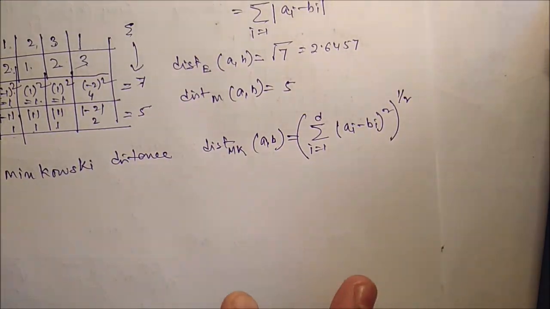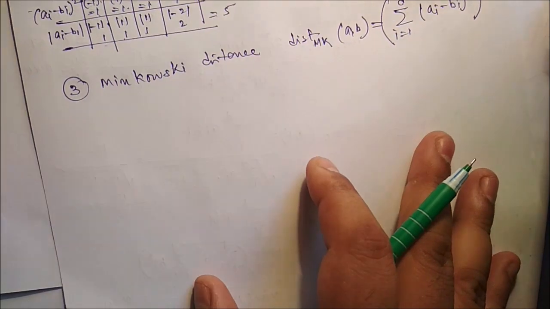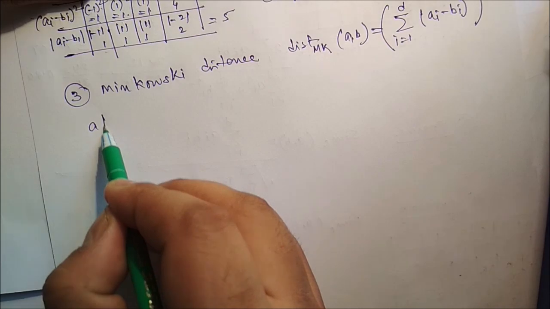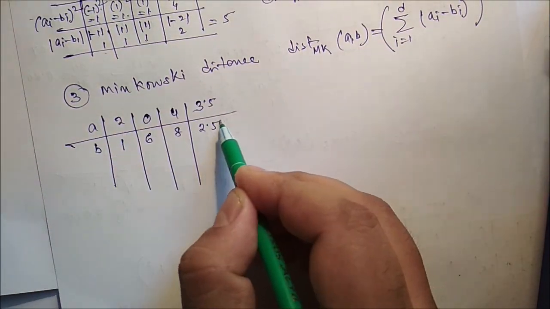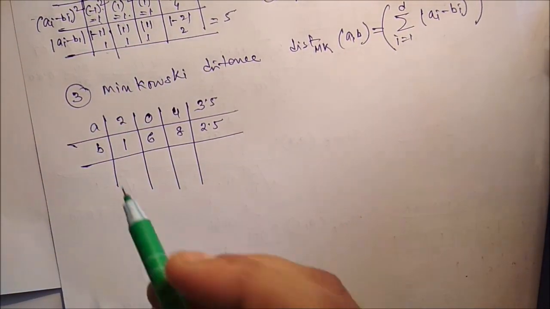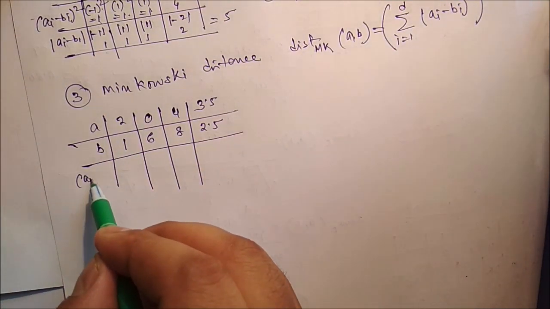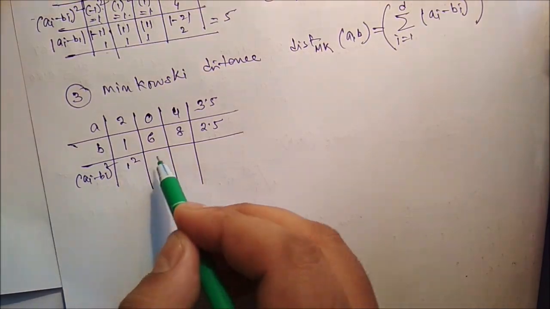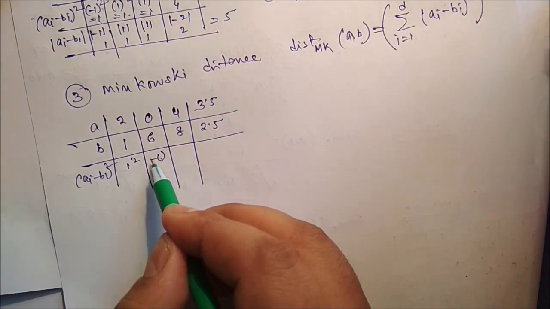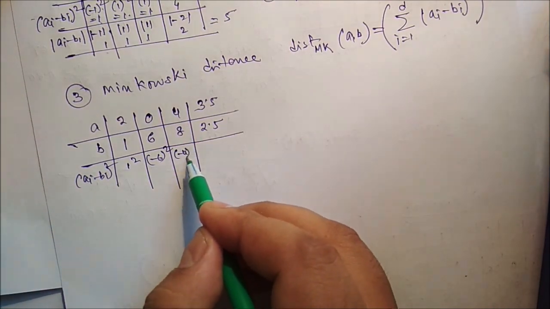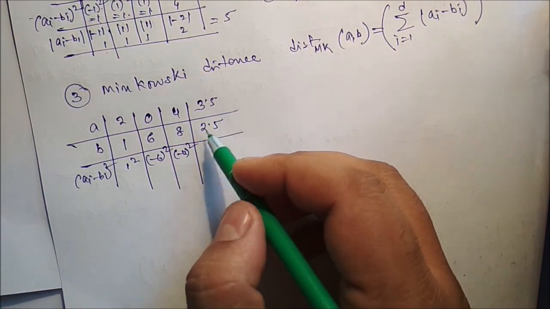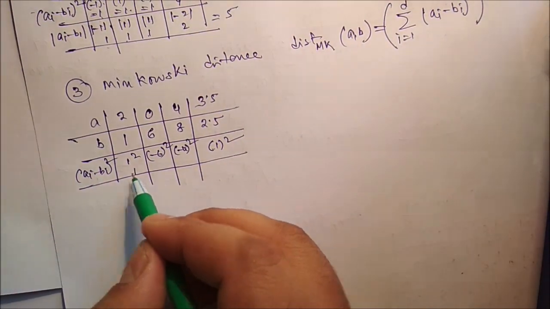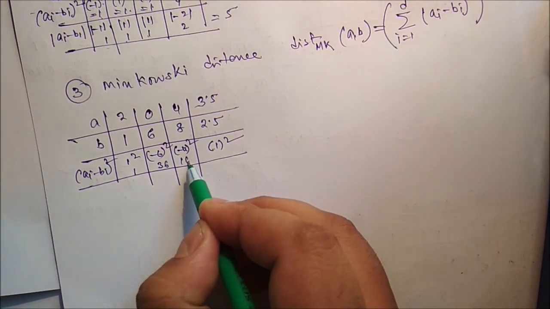Let's see one more example to get the Euclidean distance and Manhattan distance. Suppose A is 2 0 4 3.5, and B is 1 6 8 2.5. First of all, (AI minus BI) square. So 2 minus 1 is 1, square is 1. 0 minus 6 is minus 6, square is 36. 4 minus 8 is minus 4, square is 16. 3.5 minus 2.5 is 1, square is 1.